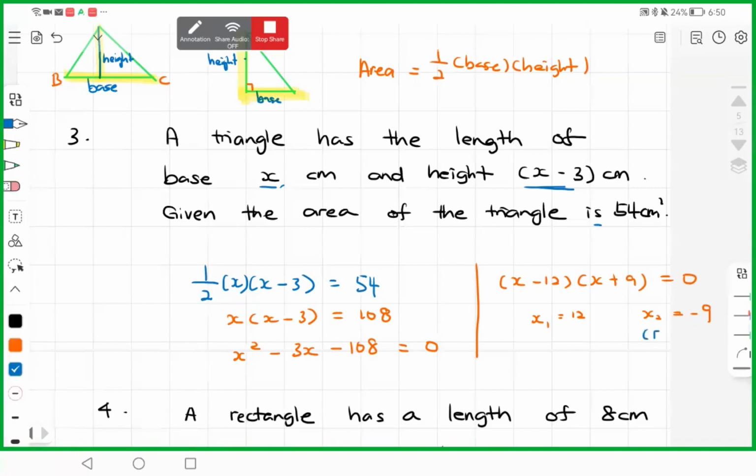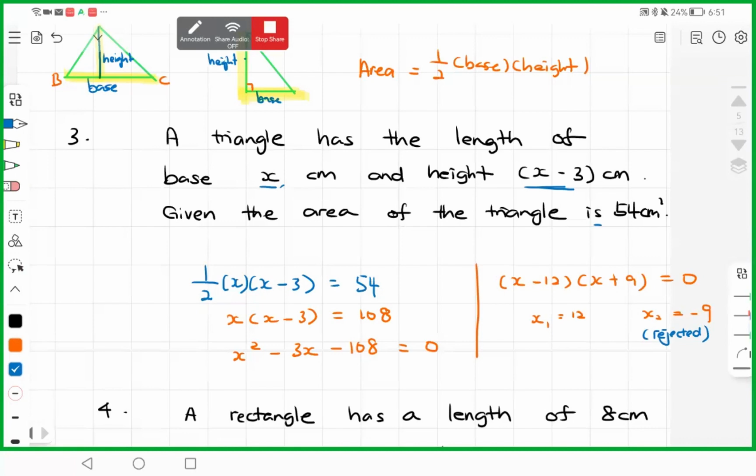That means we don't want this answer. We don't want the negative. We are only accepting the positive, x equal to 12. So you can write rejected or ignore, and we just choose the positive one. Then only we get full marks.